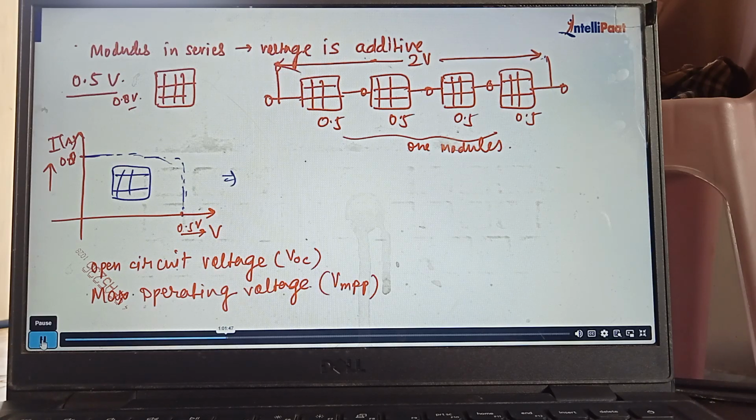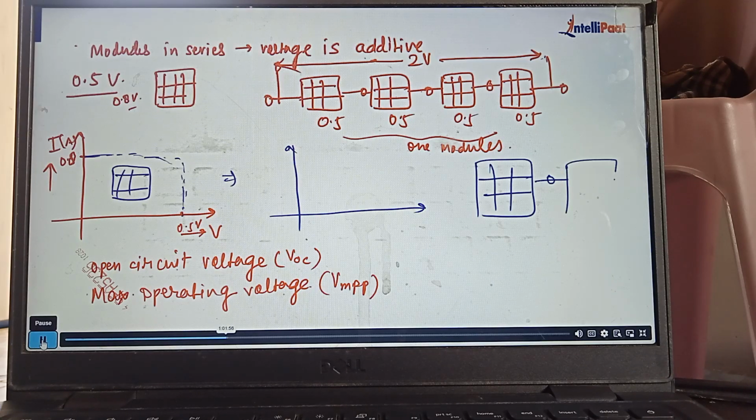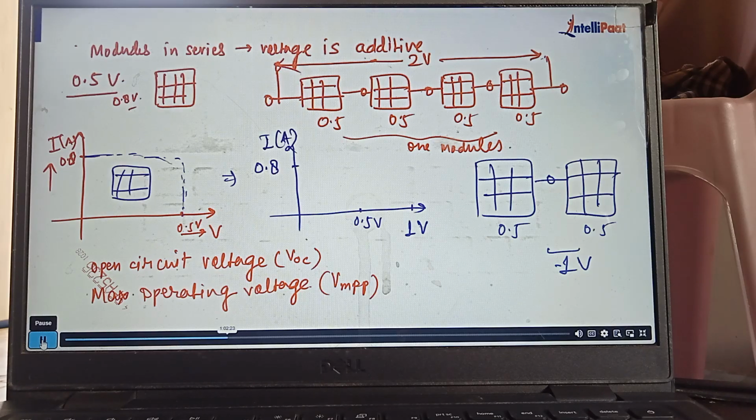Now if I add 2 cells in series, how will this characteristic change? The voltage is 0.5 volt plus 0.5 volt, so the total voltage becomes 1 volt. Earlier we had 0.5 volt, but now the voltage has increased to 1 volt. But the current at the same point is not going to increase.